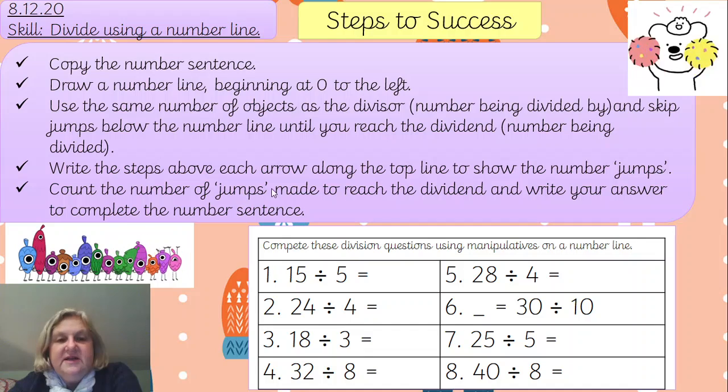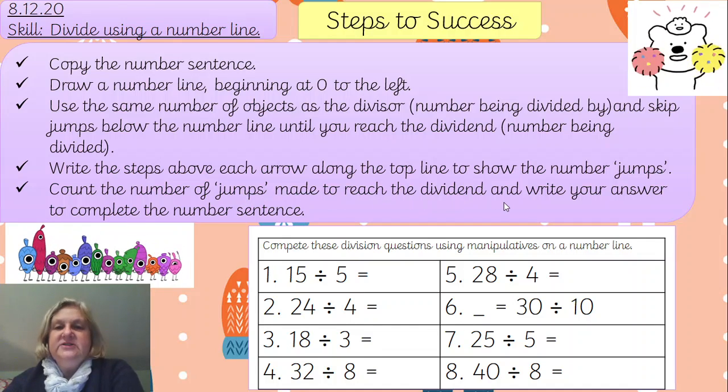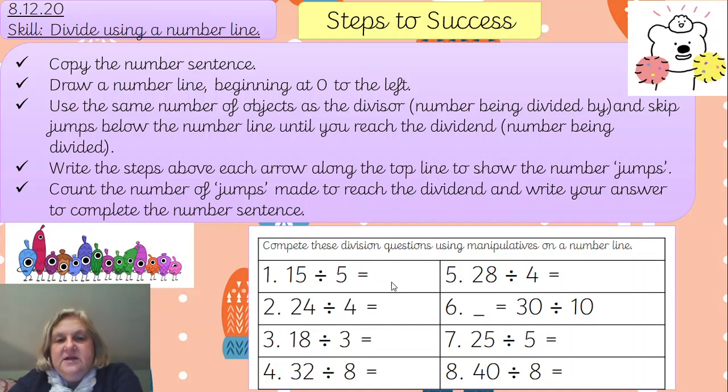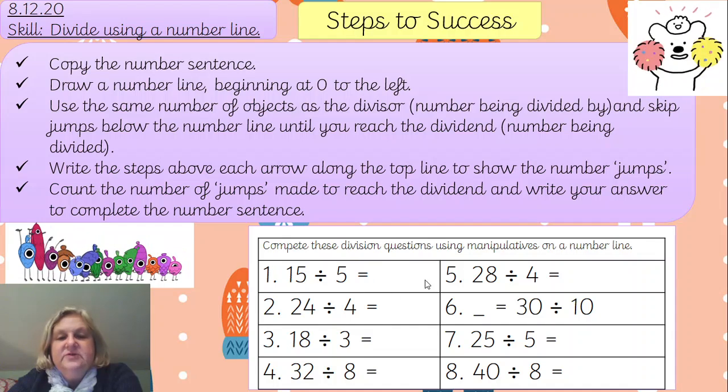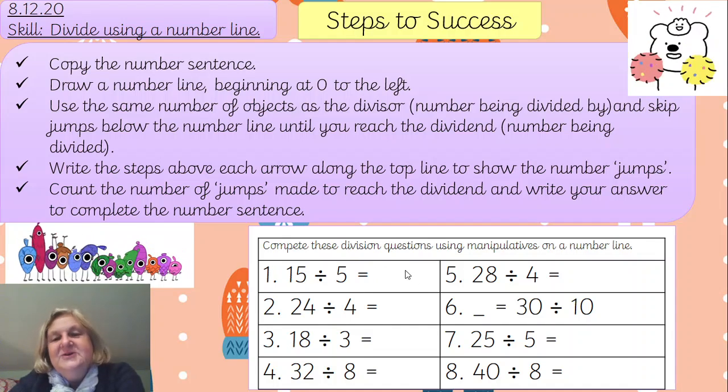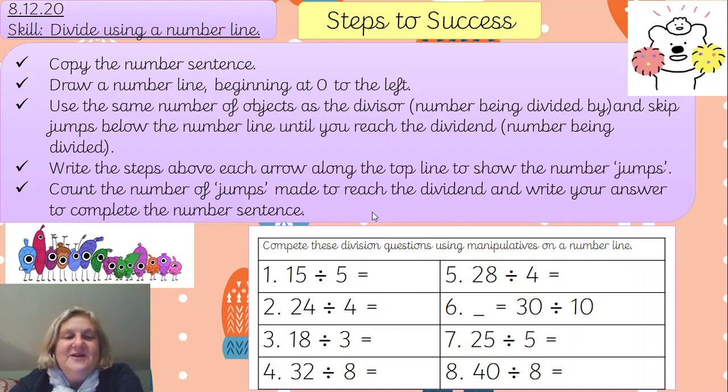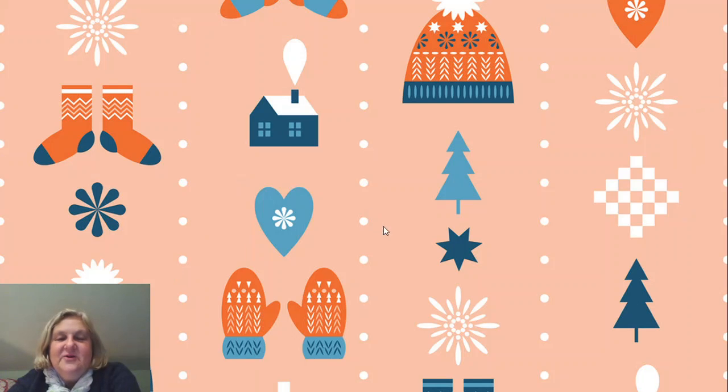So you're going to then count the number of jumps that you made to reach that dividend and write your answer in the space. If you're printing that out, you can put the answer in at the end of your number sentence. Okay, and that is about it for me.